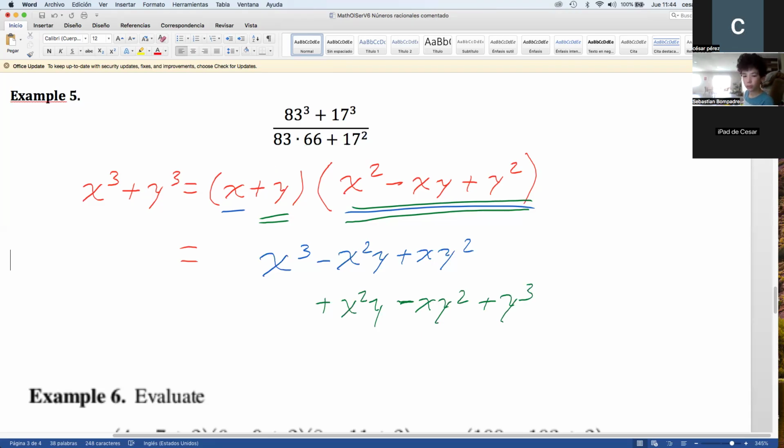So we can get rid of the middle terms and we will get this one. This is very important. You will know this factoring. I don't know the name in English.